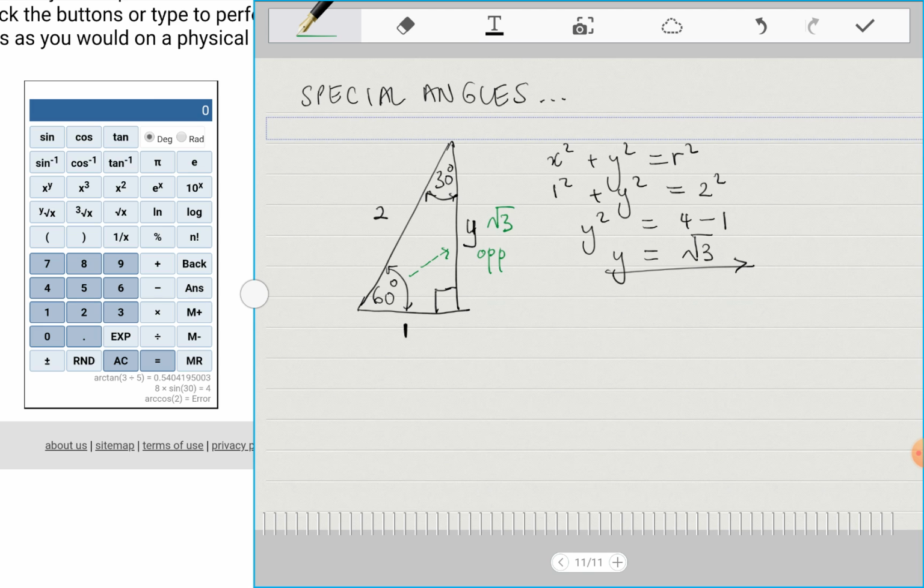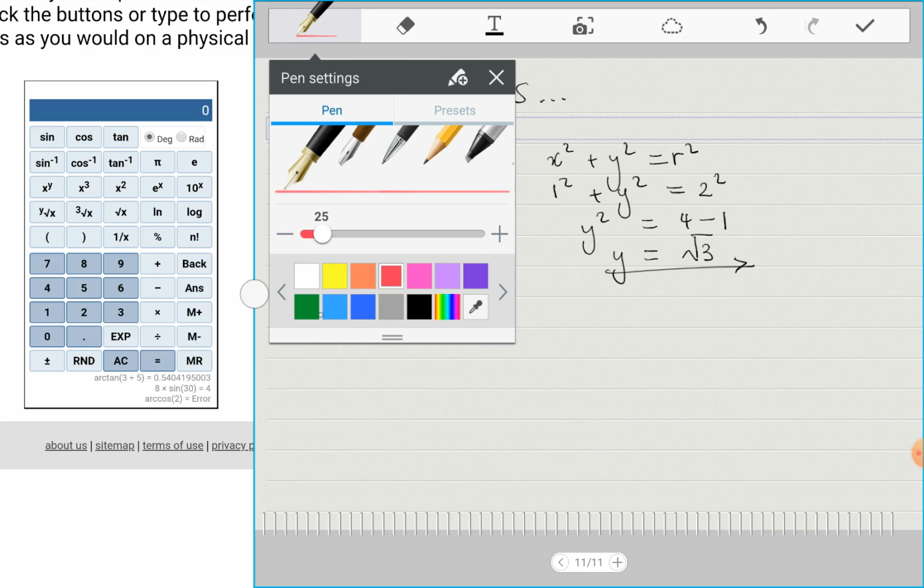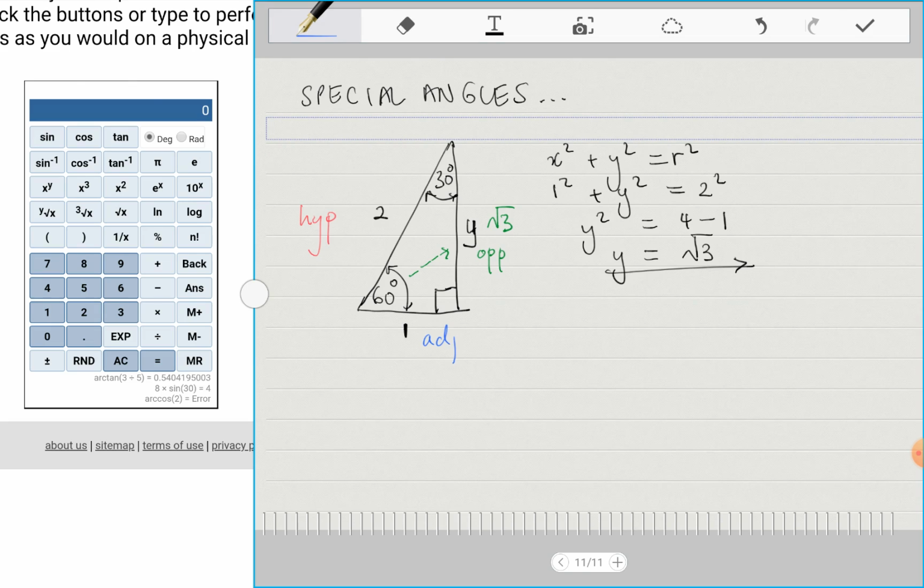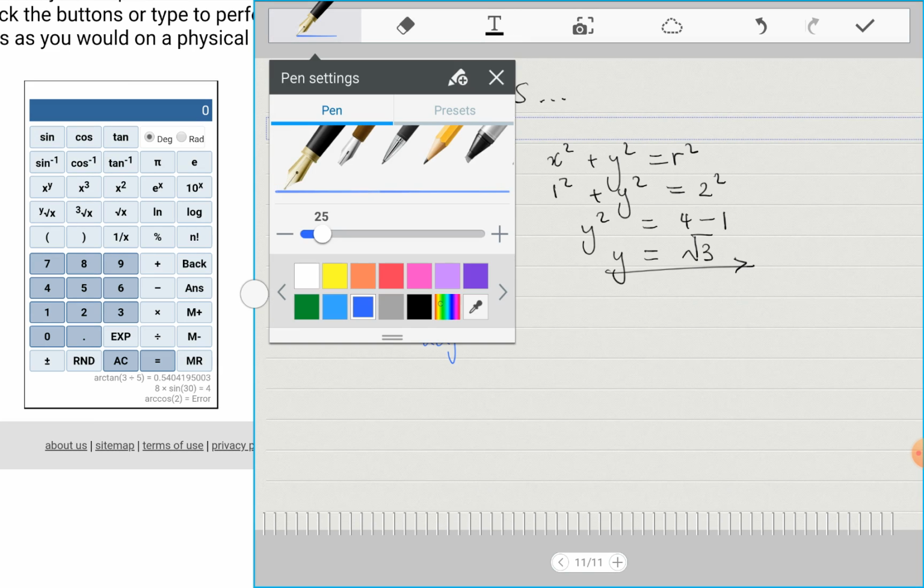Then this would be our hypotenuse, and you'd have your adjacent here. So this is working off the 60 degrees. Let's write our special angles out for that.